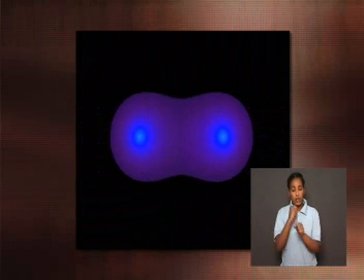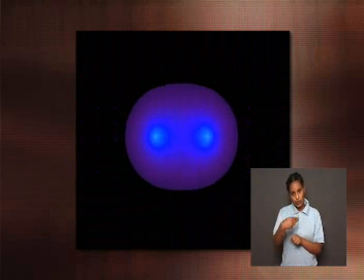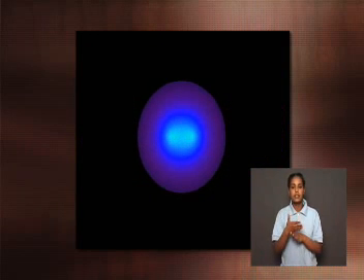Hydrogen is the simplest molecule. It is made up of two hydrogen atoms and thus has two 1s atomic orbitals. These two 1s atomic orbitals combine to form two sigma molecular orbitals, which differ in energy and location.